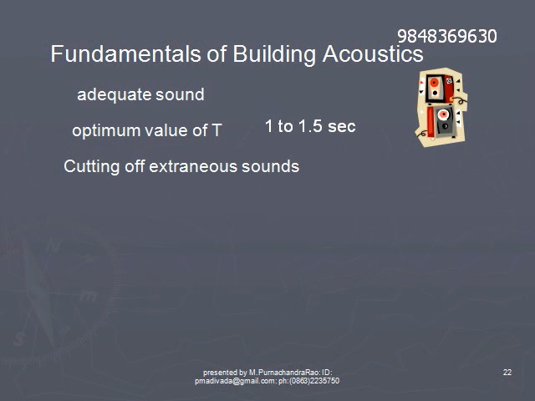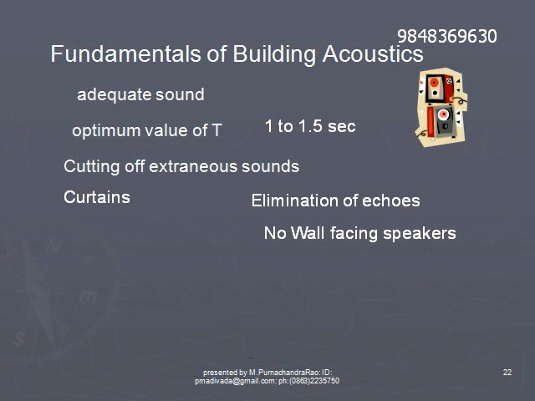To prevent extraneous sounds, we hang thick curtains. Thick curtains are hung to prevent extraneous sounds entering the room. Sometimes we notice echo effect, that is reflected sound effect. To eliminate this echo effect, the speakers should be positioned so that they do not directly face a wall.